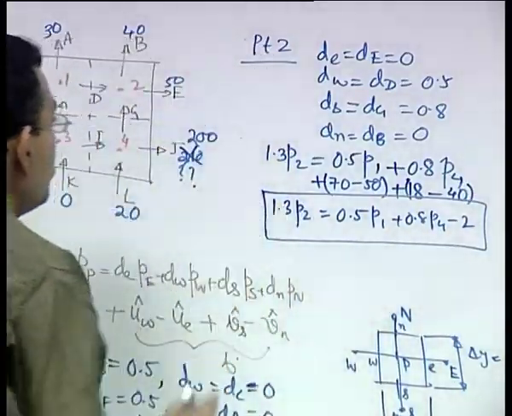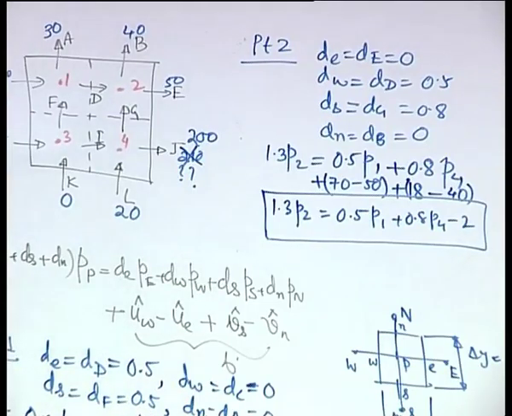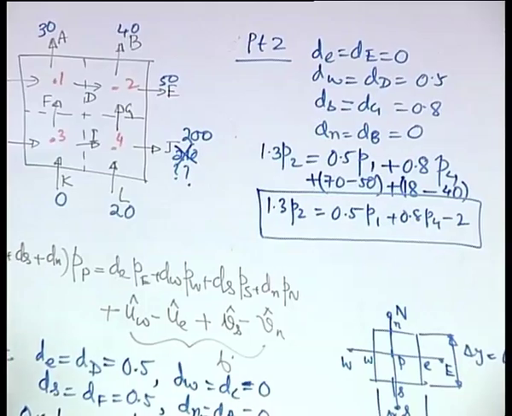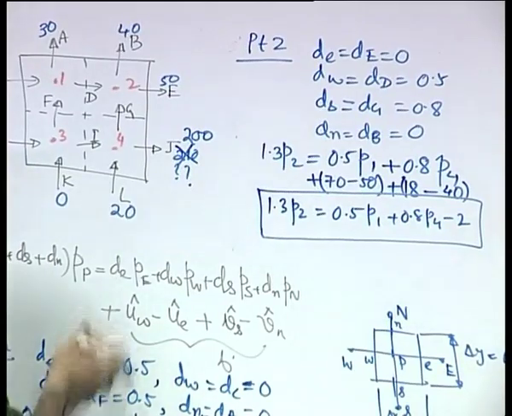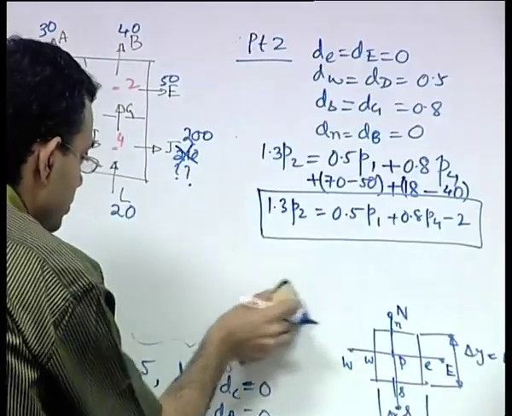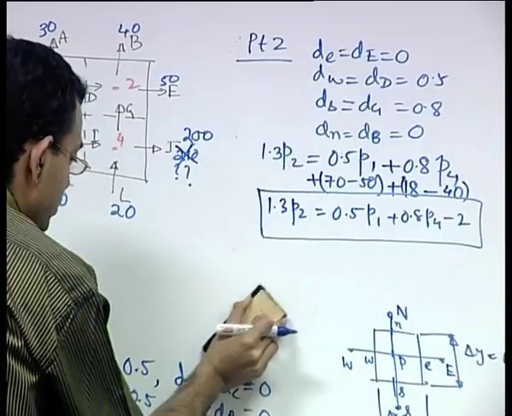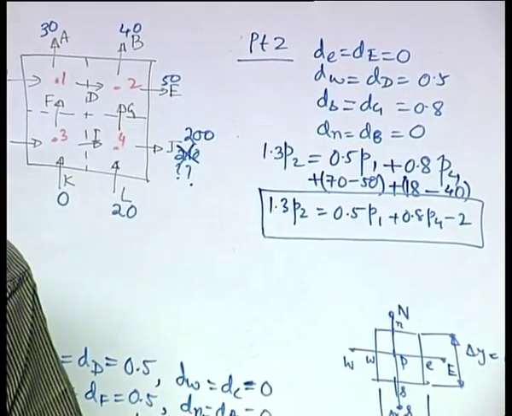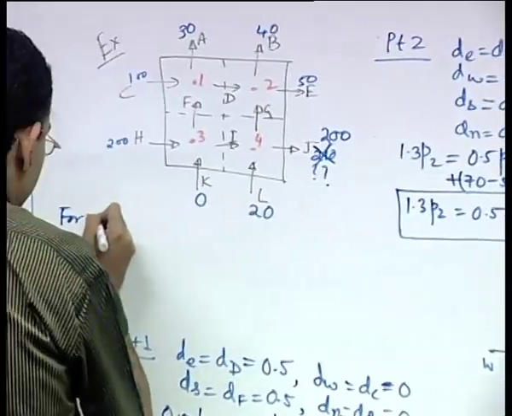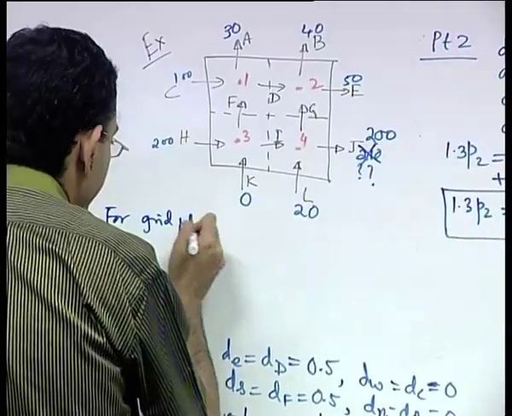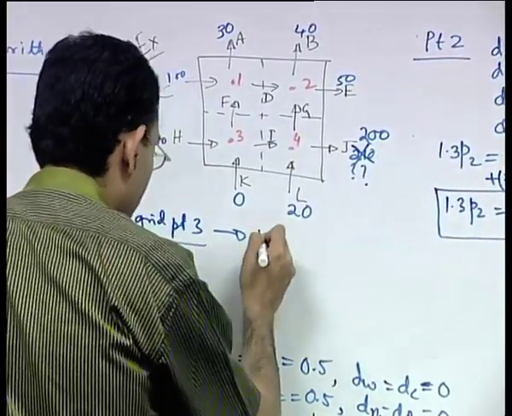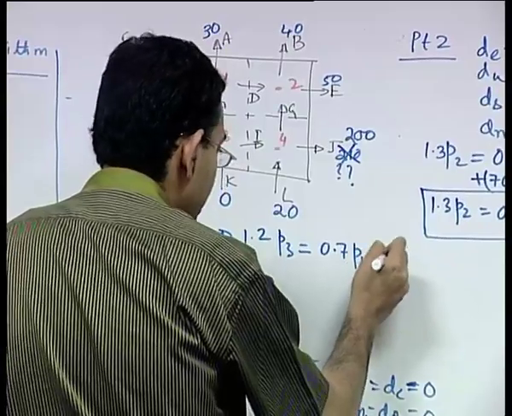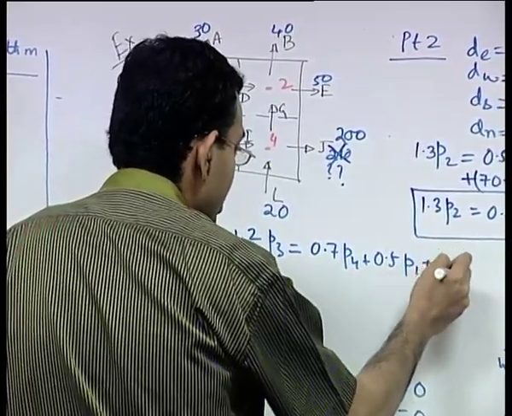So, with these two grid points as examples, you have now got the idea how to derive it. So, let me just write the corresponding final expressions for the points 3 and 4, which you can check at home. For grid point 3, you will get 1.2 P3 is equal to 0.7 P4 plus 0.5 P1 plus 160.